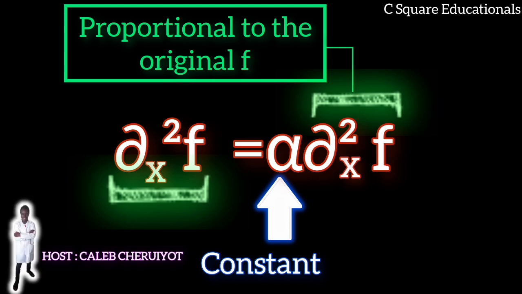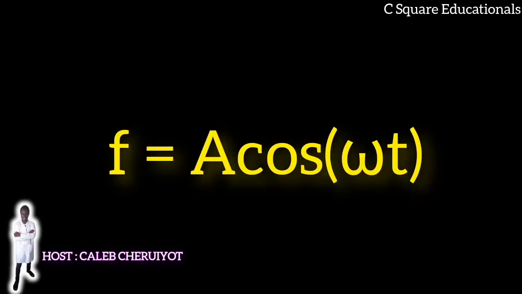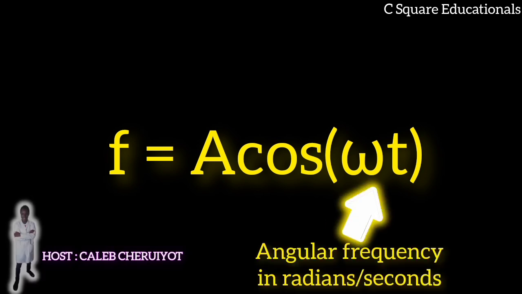Can you remember any? Yes, any cosine or sine function fits here. Partial t squared of cos t is equivalent to negative cos t. We are going to allow for f to have both an amplitude and frequency. f is equivalent to A cos omega t, where omega is the angular frequency in radians per second.